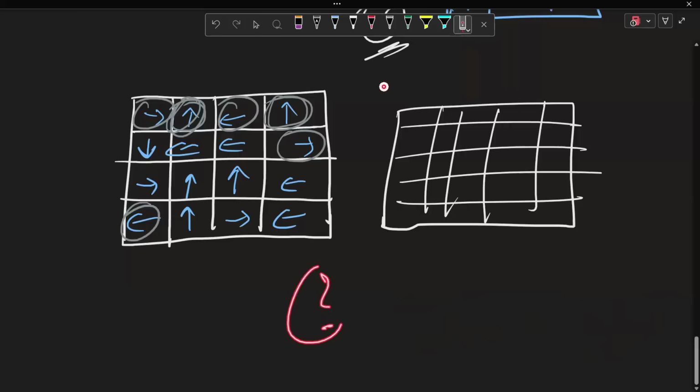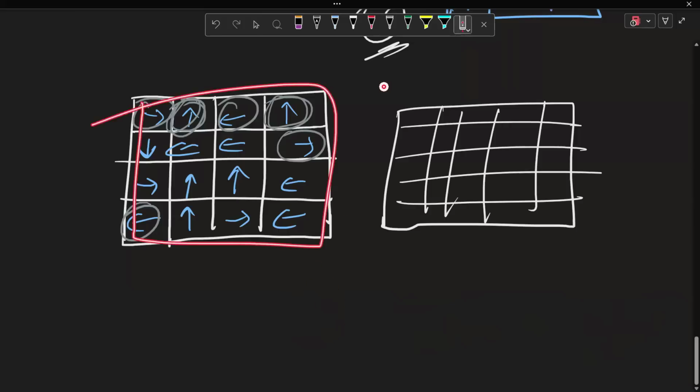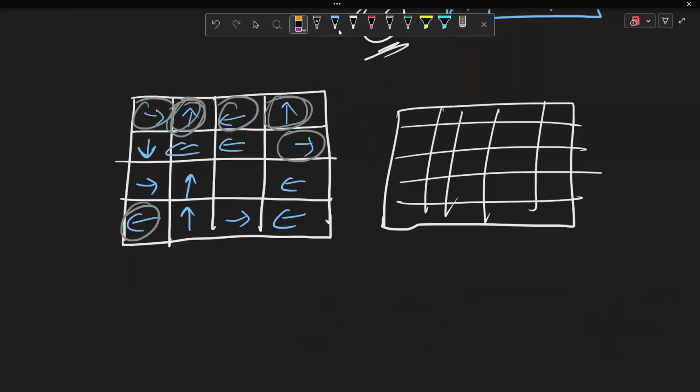Now, when we have question marks, what do we do? This was just to calculate for a given grid. Now, let's say there are some question marks. We need to replace these question marks so that we make the grid one which gets me trapped. So we would try that the question mark is not included in my BFS.